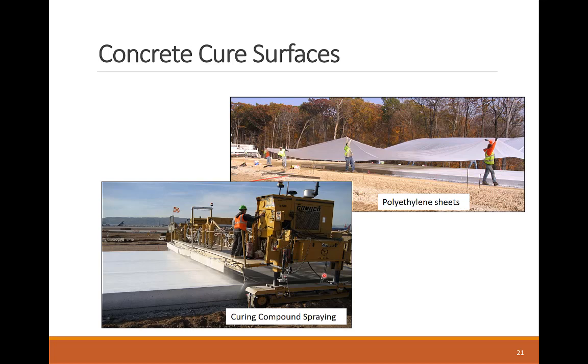Any concrete surface in direct contact with the air may require special treatment to keep it moist or prevent the concrete inside moisture from evaporating. This can be done by periodically soaking or spraying the concrete with water. Also, protective barriers can be applied on the surface, like polyethylene sheets or curing compound spray.